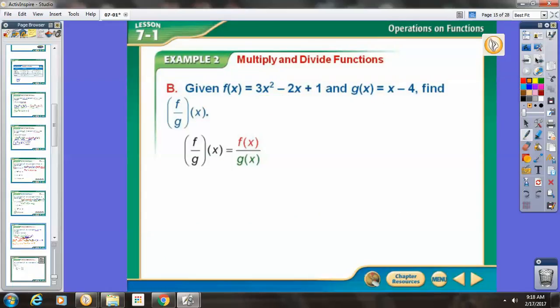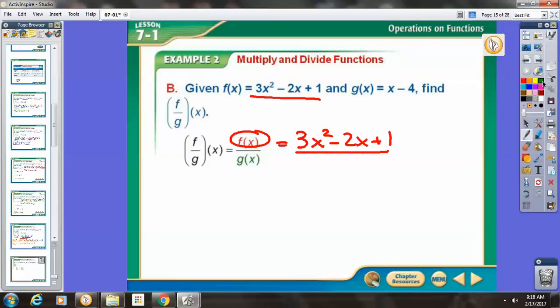Let's look at a division problem. This time we're given the same two functions, so that hasn't changed. We're dividing. Let's go ahead and write what it's going to look like. Let's take f and divide it by g. I'm taking my f function right here, 3x squared minus 2x plus 1.